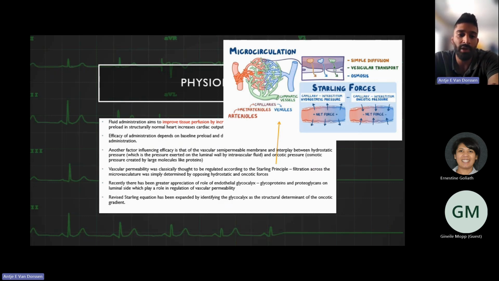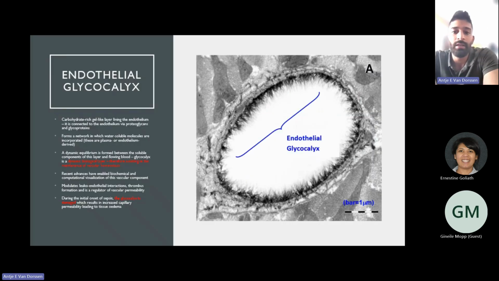However, recently there's been a much greater appreciation of the role of what's called the endothelial glycocalyx, which is a group of glycoproteins and proteoglycans on the luminal side of the vessel, which play a role in regulation of vascular permeability. So they actually revised the Starling equation, and it's been expanded by identifying the glycocalyx as an independent structural determinant of the oncotic gradient.